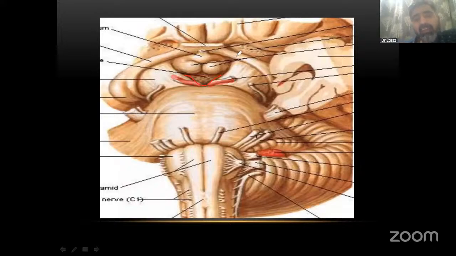Just anterior to this there is the optic apparatus, the optic chiasm, optic radiations. Just anterior to the optic radiations, can you see this area? What is this one?